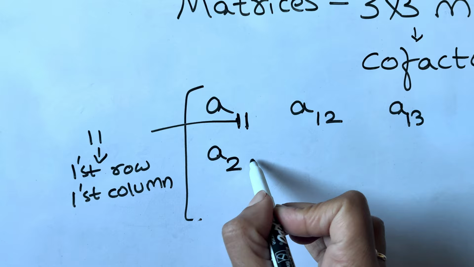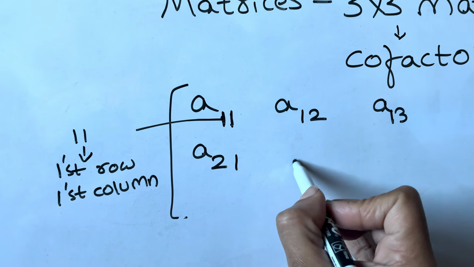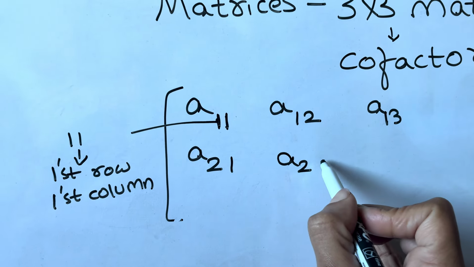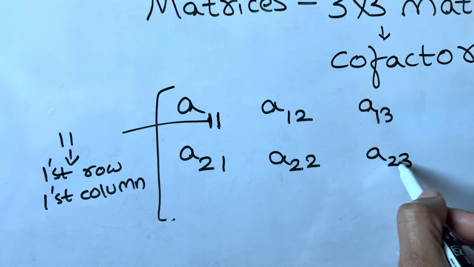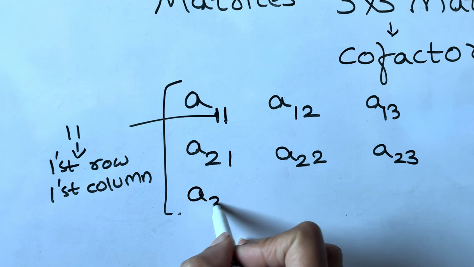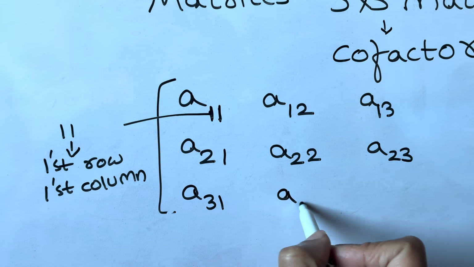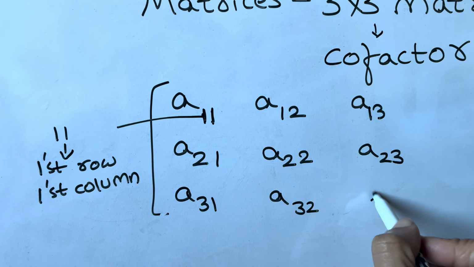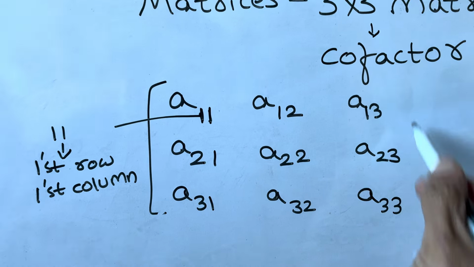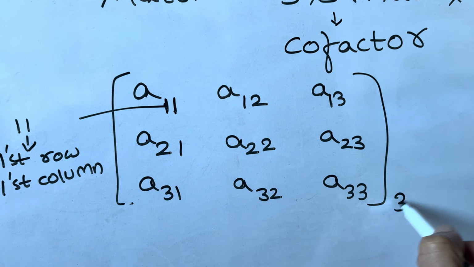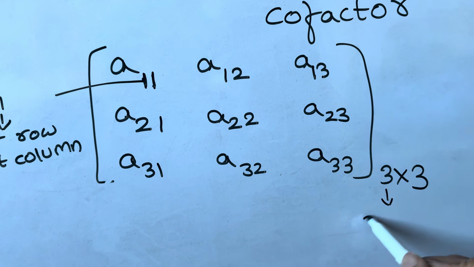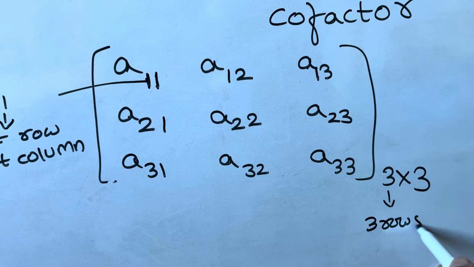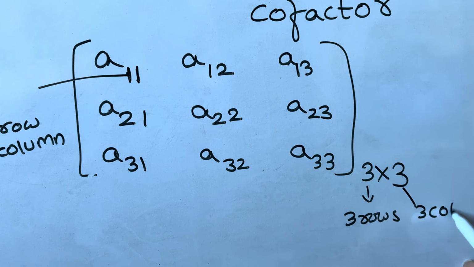Second row first element A21, second row second element is written as A22, second row third element, and third row first element, third row second element, third row third element. So this is the standard 3 by 3 matrix, which has 3 rows and 3 columns.